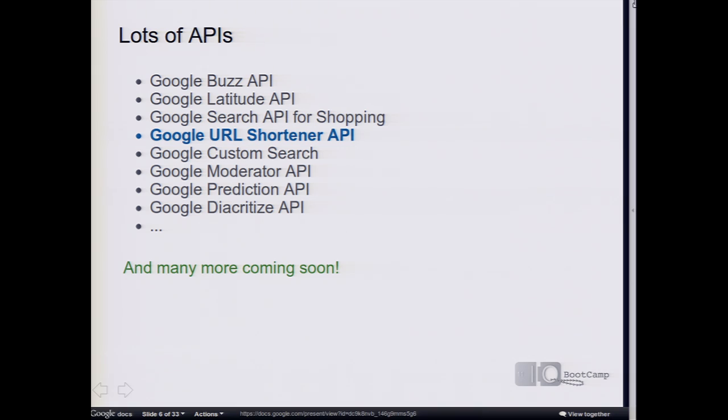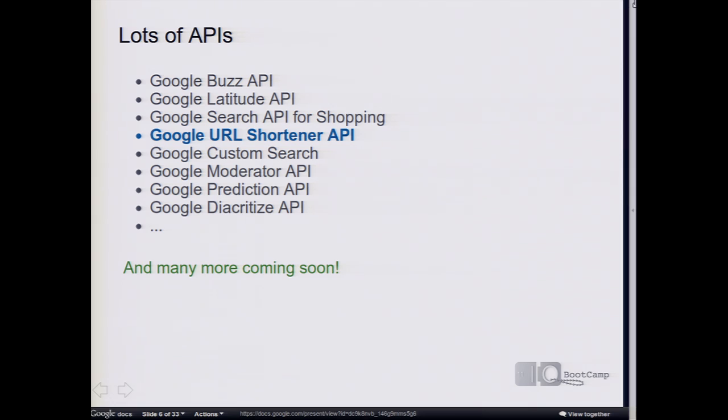Google Custom Search lets you set up a search engine just for your narrow slice of the internet that you want to search. Moderator API is an API for the Moderator that we introduced, I think, last year. Moderator allows people to ask questions. Prediction API, probably one of my favorite APIs, allows you to take large gobs of data and apply machine learning to them.